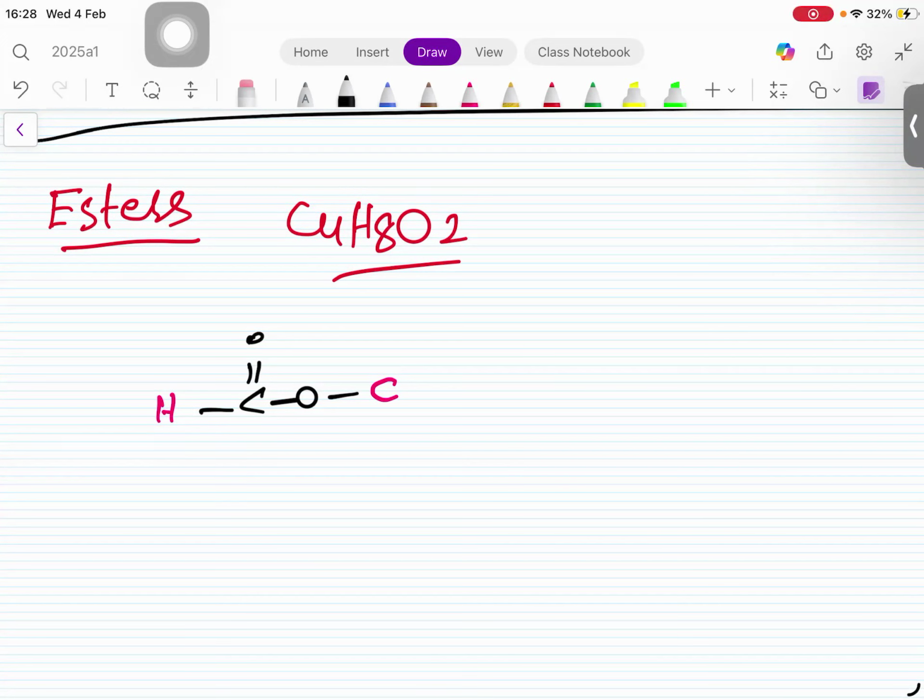How many carbons in total? 4. So 2 carbons I have already placed, so this is 3, this is 4. I'm making the longest chain, putting all the carbons next to the oxygen. This is the first ester.